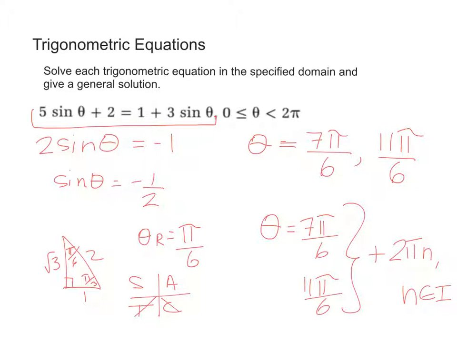Because we're going to get those two answers, but then if we go from either of those answers another full rotation, another 2 pi, we'll get another answer. And then if we go another 2 pi after that, we'll get another answer, and we can keep doing that. Or if we subtract 2 pi's. That's why it says n is an integer, because you can add or subtract 2 pi and you'll get another solution.